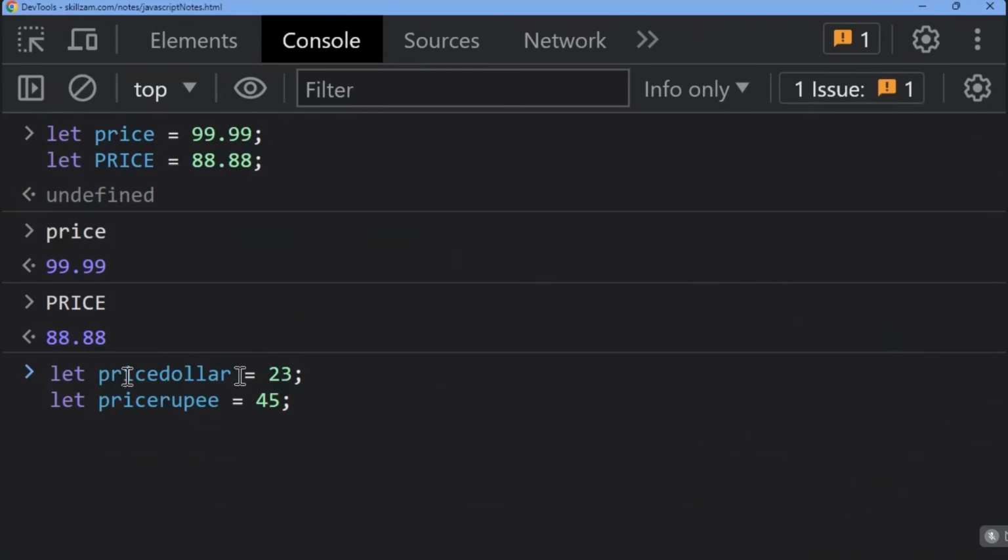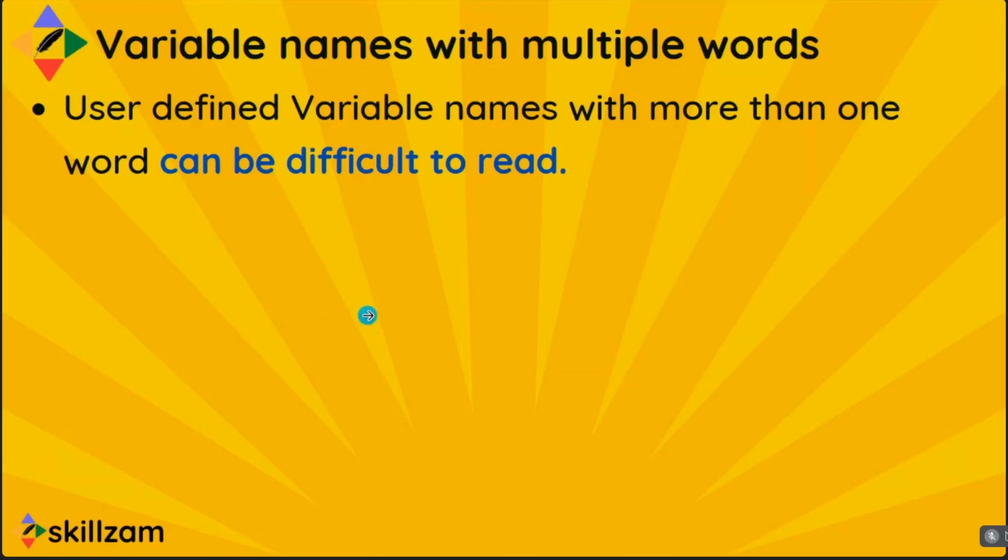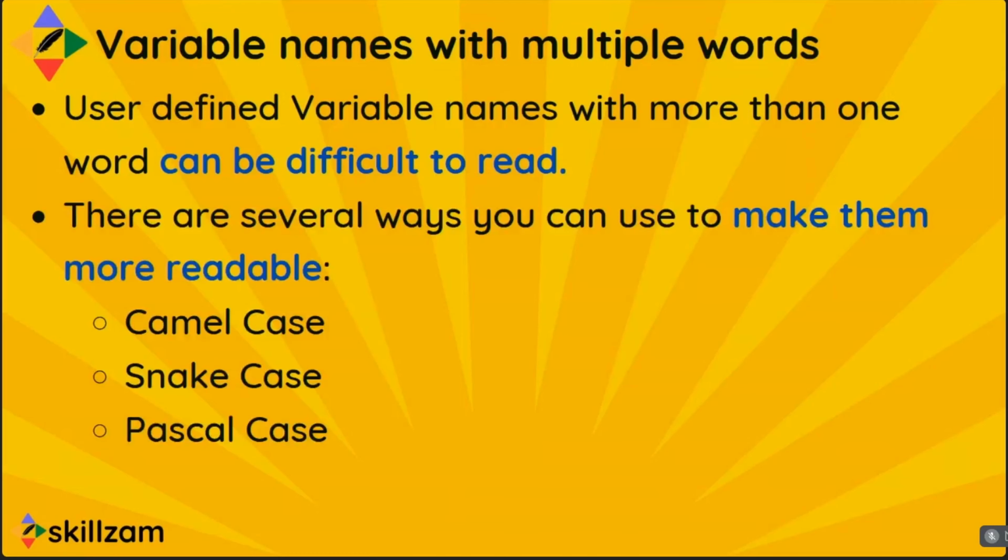If it contains three or four words, like premium for auto insurance value, it will be very hard for the developers who work on the programming language to read it. To make it simple, there are certain ways to make them more readable. One is called camel case, another is called snake case, and third is called Pascal case.